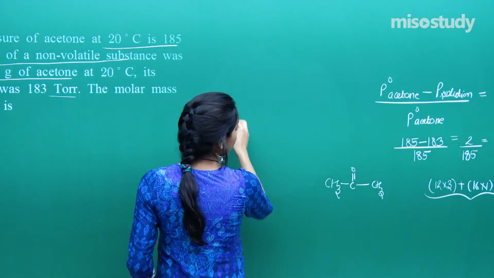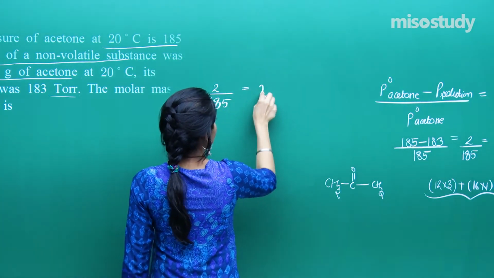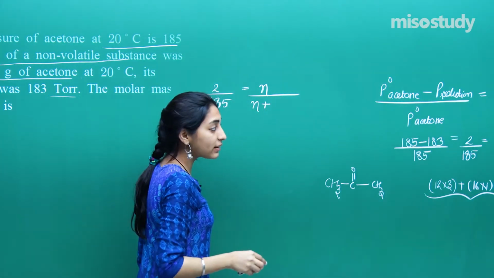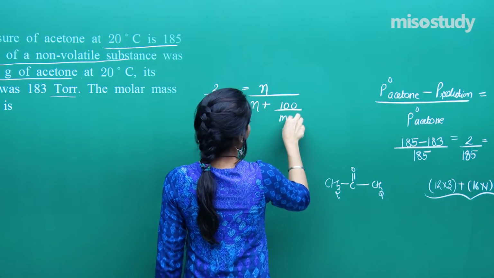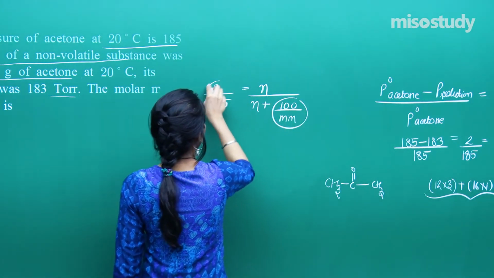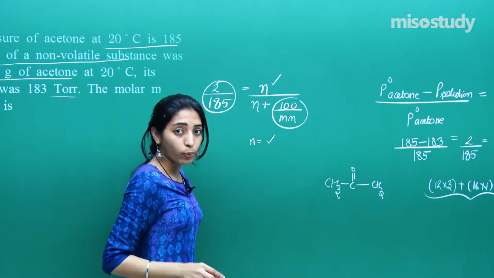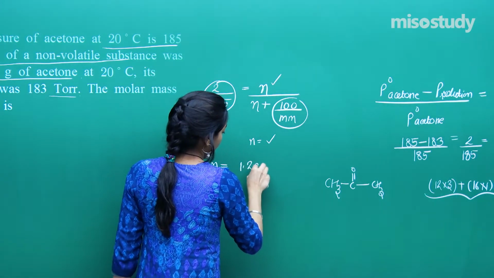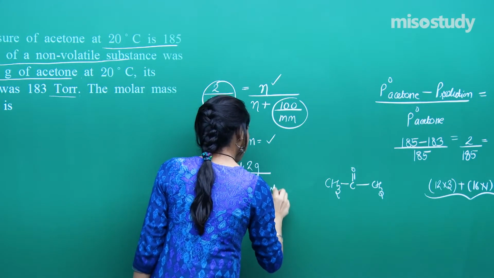Then I'll solve it. So 2 by 185 is equal to the number of moles of solute by the number of moles of solute plus the number of moles of solvent, which is 100 divided by the molar mass. This complete thing you can easily solve out for the value of N. Once you solve out the value of N, N could be written as given mass by molar mass of solute.